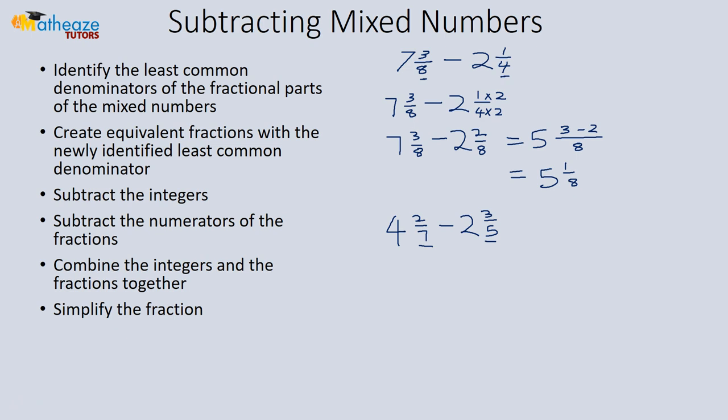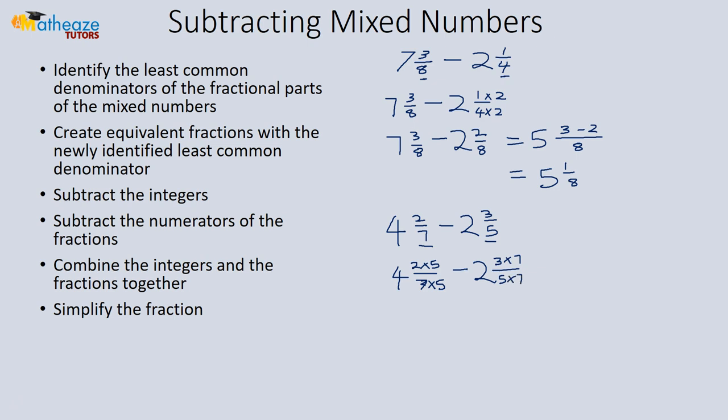So that's 35. So what we're going to end up doing is for 7 we multiply by 5, for 5 we multiply by 7. So we have 2 times 5 over 7 times 5 minus 2, 3 times 7 over 5 times 7.